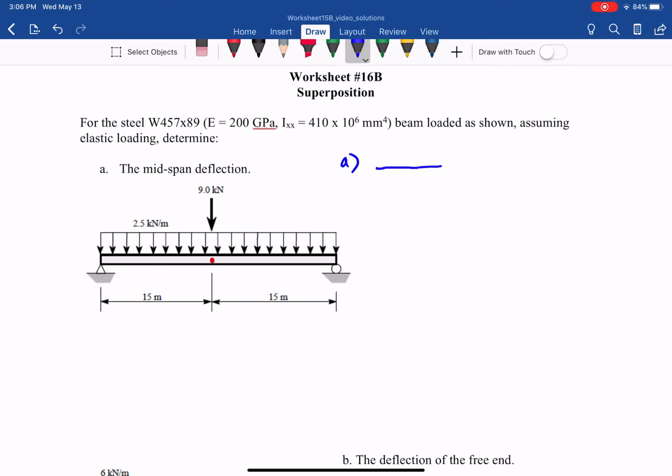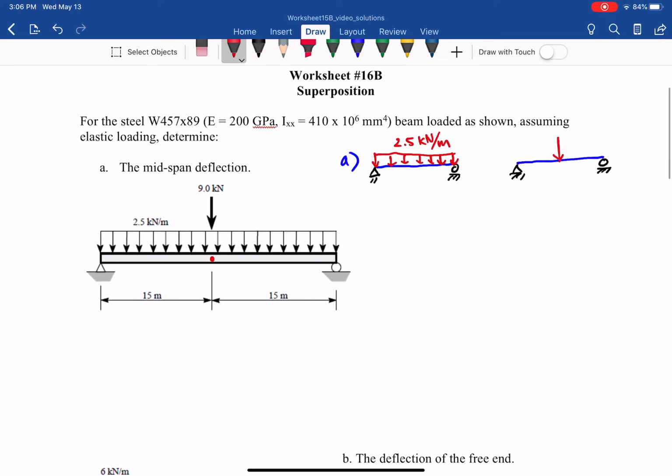The first one has the pin and the roller and the distributed load throughout this span, 2.5 kilonewton per meter. And then we have another beam with a concentrated load of 9 kilonewton, also at the midspan.